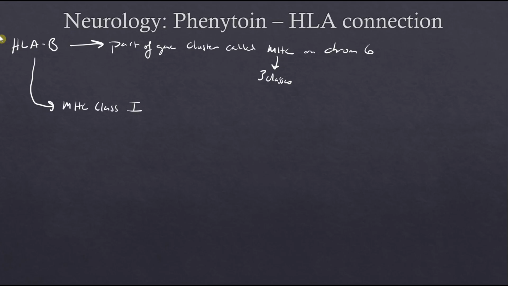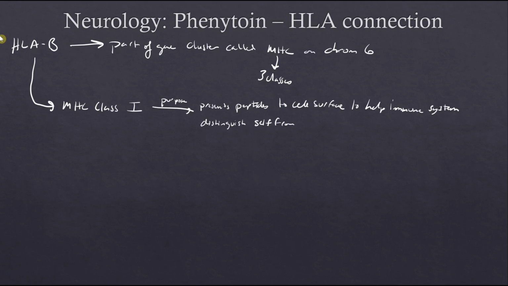And so the actual purpose of MHC class 1 is to present peptides, so proteins being broken down into peptides, and presents them to the cell surface, which helps our immune system figure out what's self versus foreign, right? And a lot of times we see this with viruses or other foreign infections that get into the body. So that's really the main purpose of MHC type 1 or class 1.